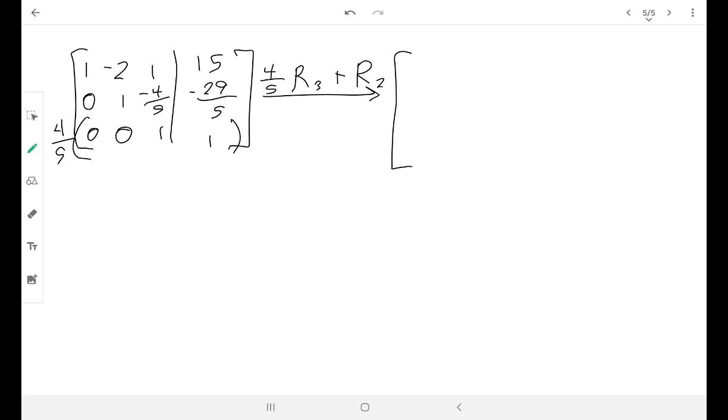It'll change the answer, but it won't change any of the other variable parts because I'm going to be doing times 0 and times 0.